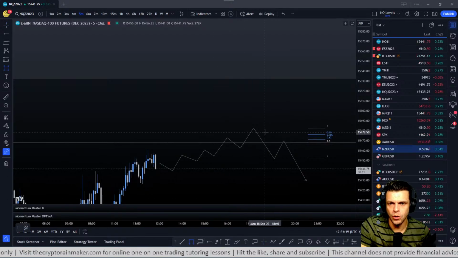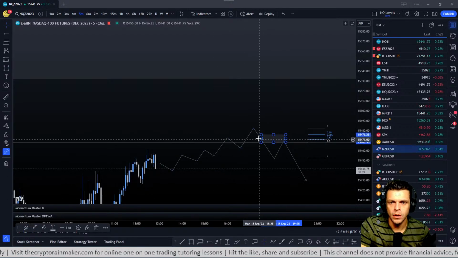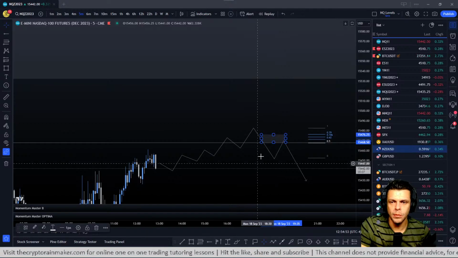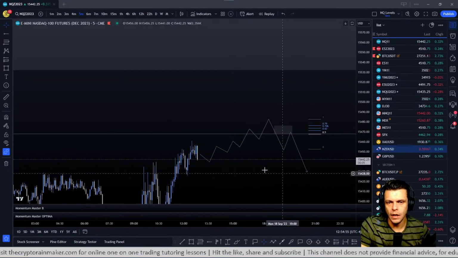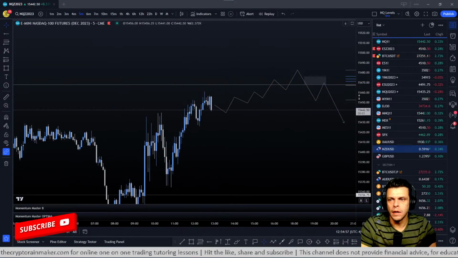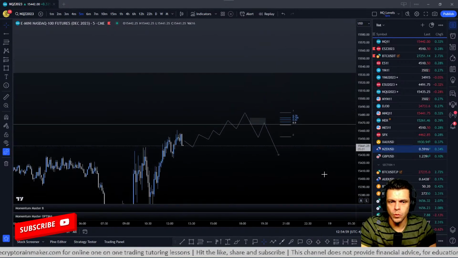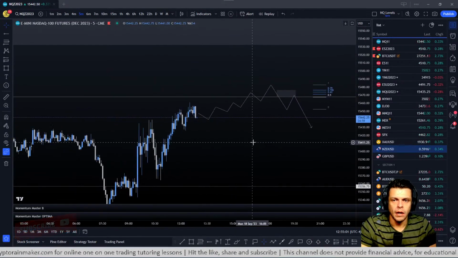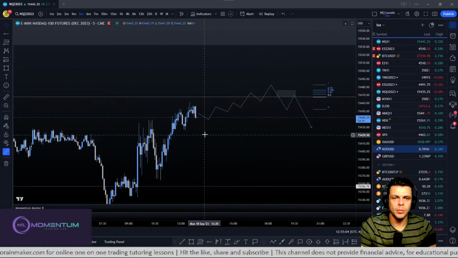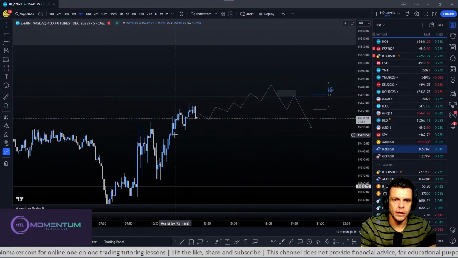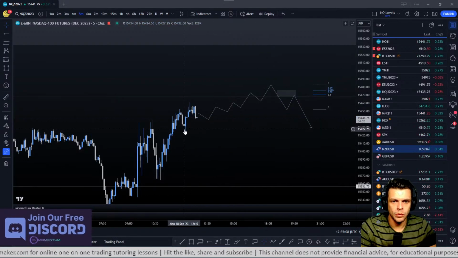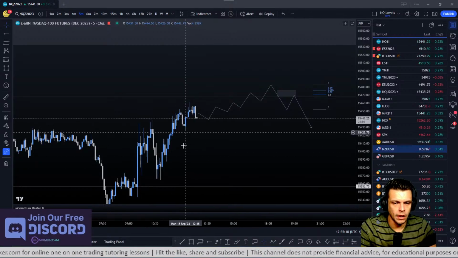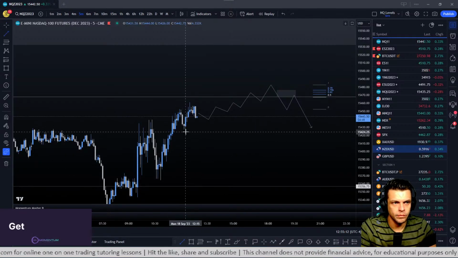So you want to be targeting a fair value gap or order block in premium for your entry. And then you write it down. And then you want to be matching your TPs with the sell side liquidity below these lows. So this would be a good low hanging fruit target.